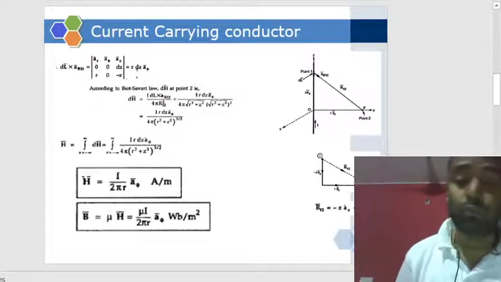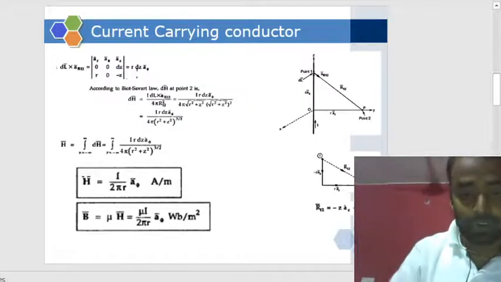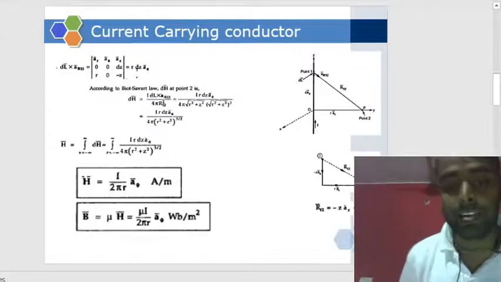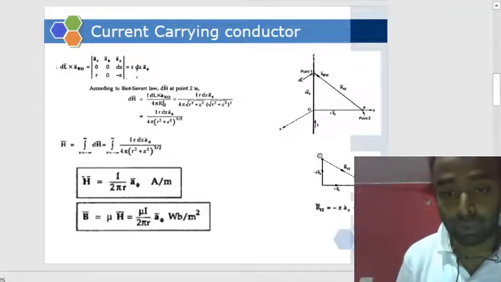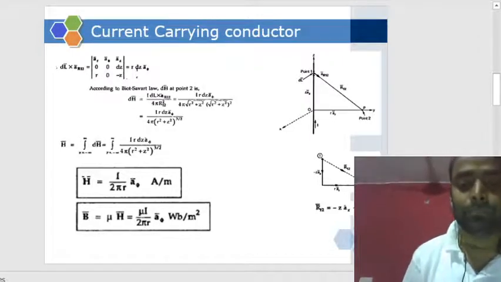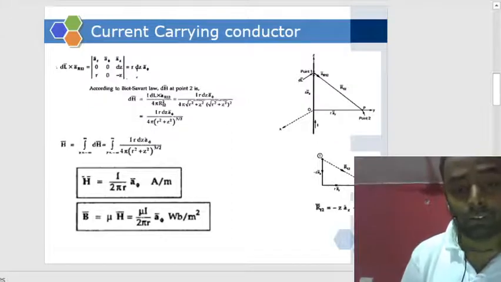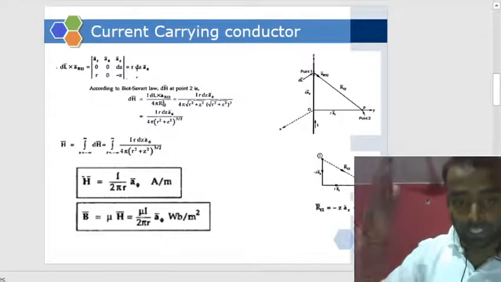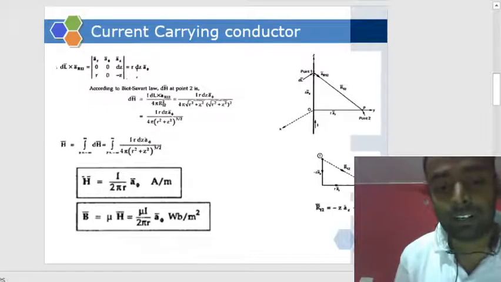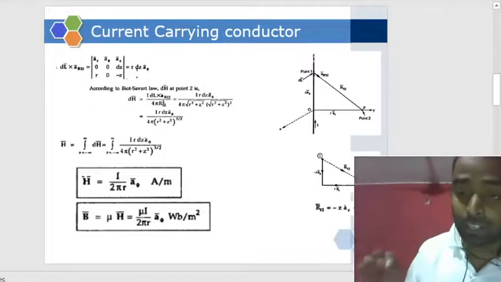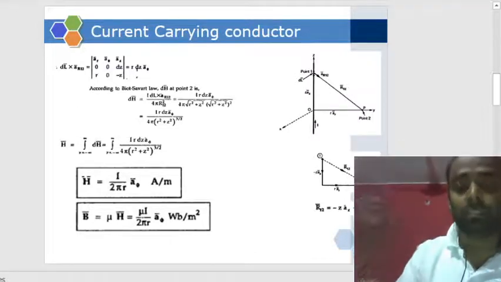Okay, we'll apply the Biot-Savart law, and the differential magnetic field intensity will be I r dz upon 4 pi times r square plus z square to the power 3 by 2, in the direction of a phi. From this dH we can calculate H by integrating between its limits, and the length of this current carrying conductor is infinite. So this will be integrated between minus infinity and plus infinity.